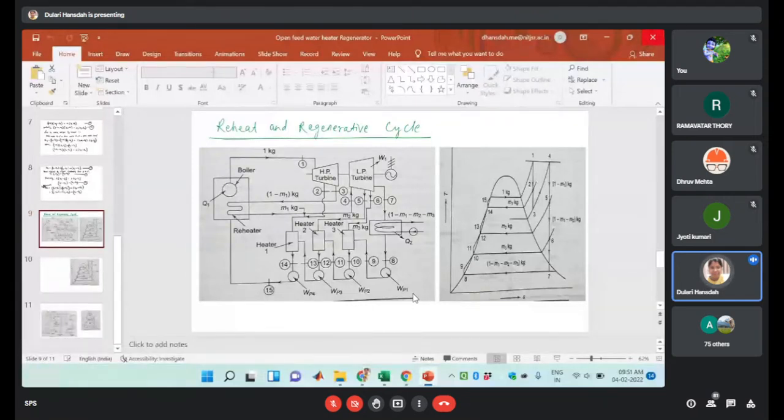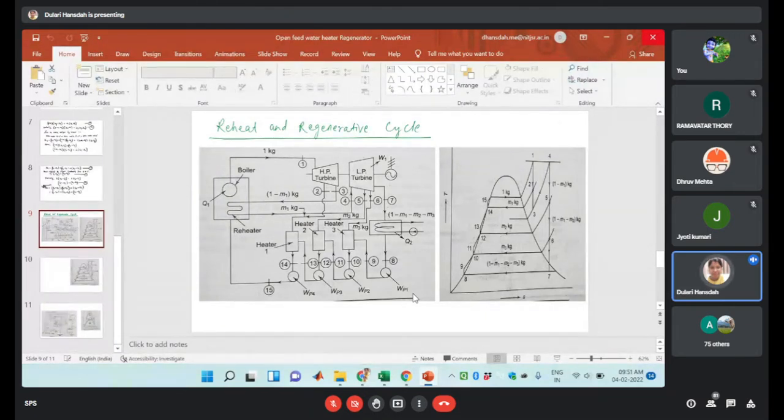The reason is to achieve the maximum mean temperature where we can add the heat to get the maximum specific work output from the plant. But by using that reheat alone, the problem is the decrease of the thermal efficiency. So in that case, thermal efficiency will be less.